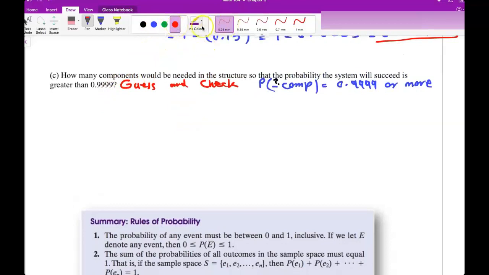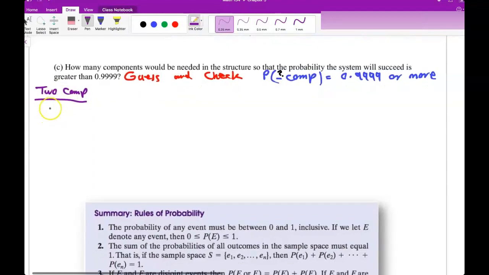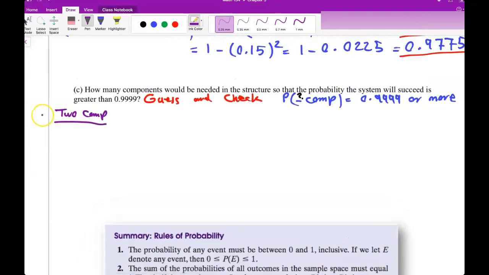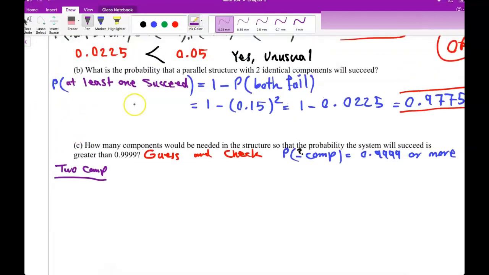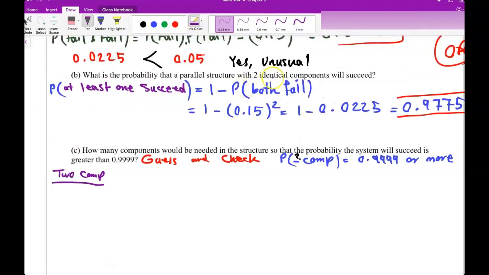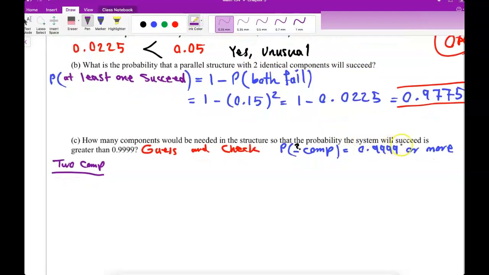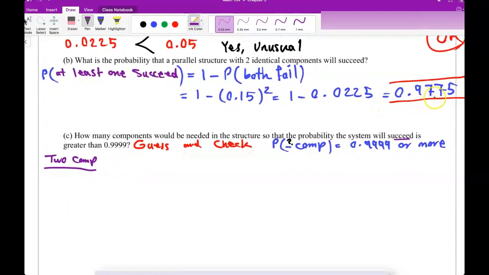So starting here with 2 components. We already know the answer for that part. Here are 2 identical components that will succeed. And here we have again succeed. So for 2 components succeeding, we had 0.9775.